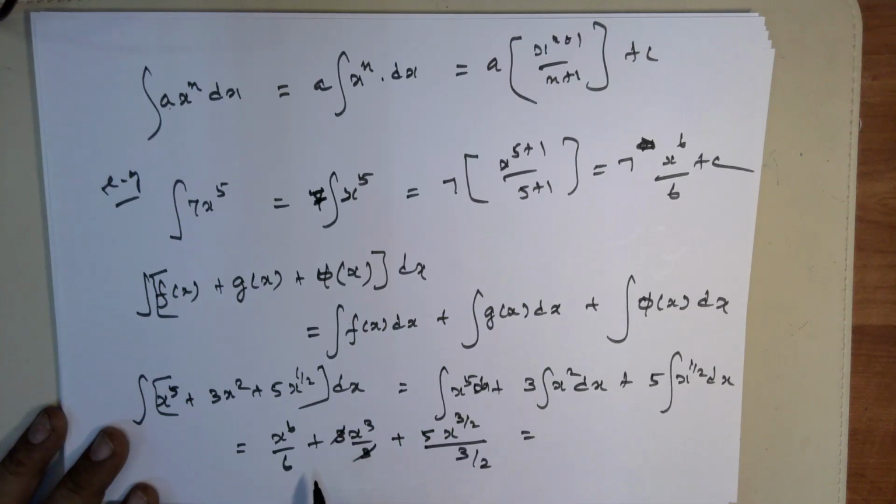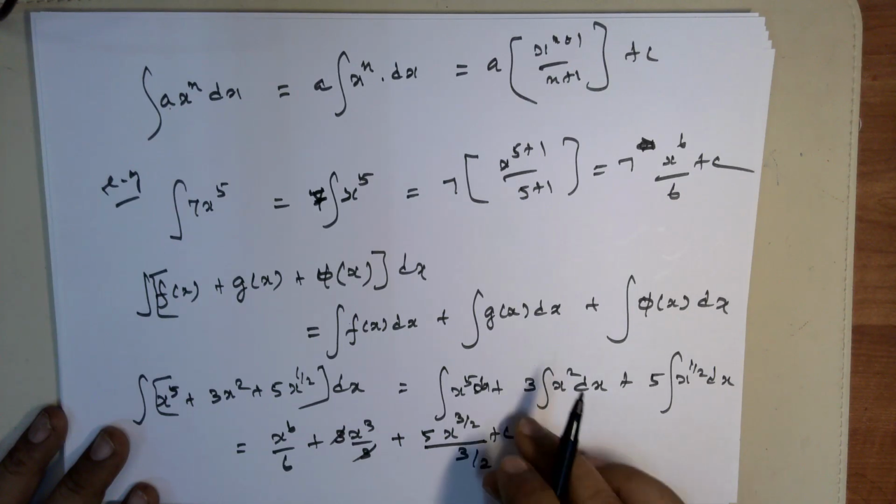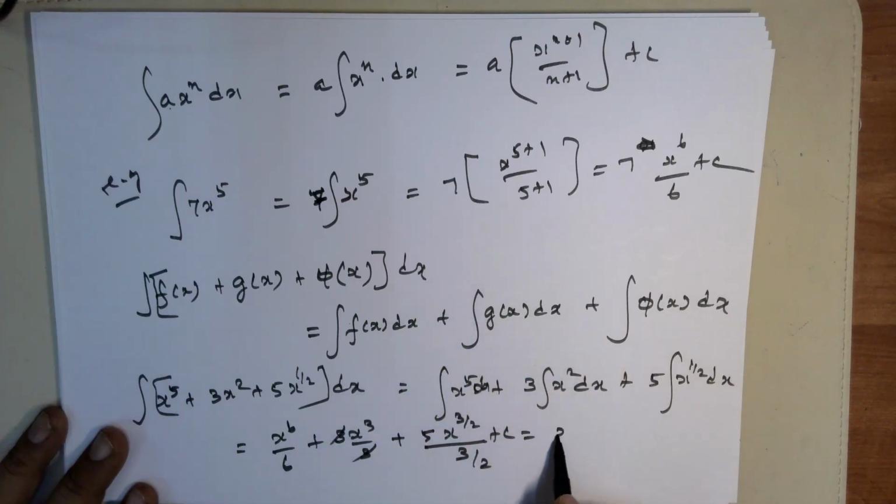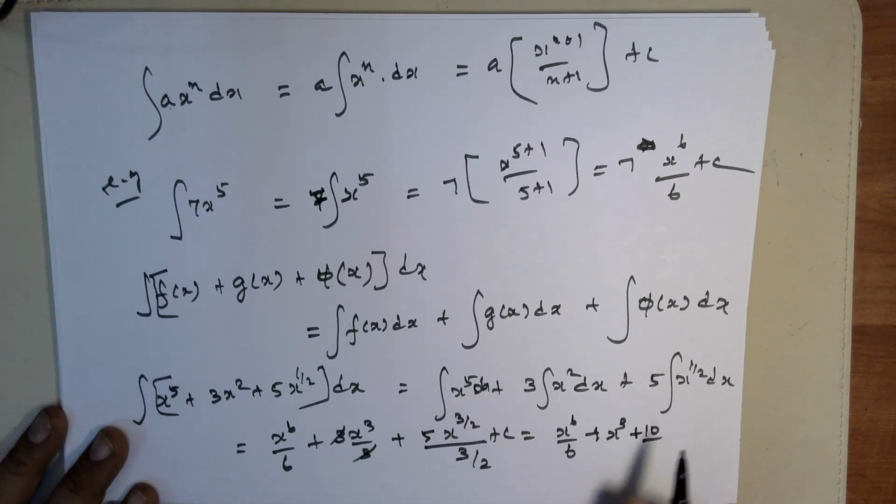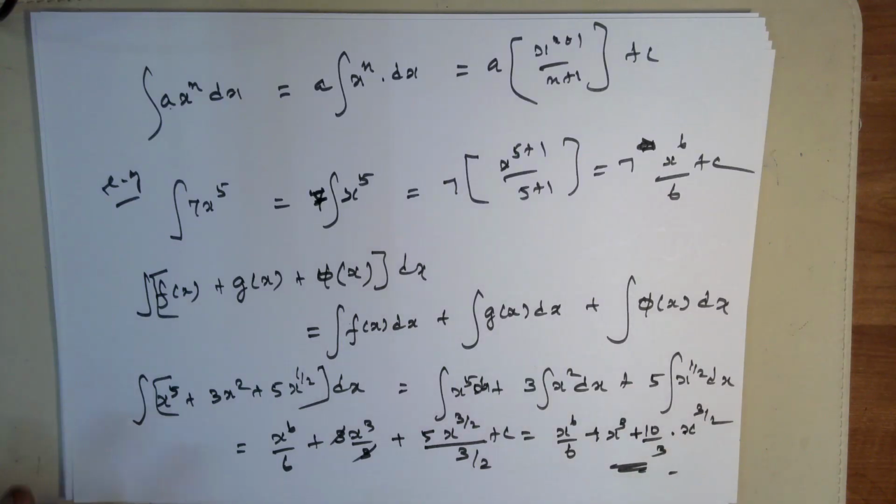So you can put simply one integral constant. So x power 6 by 6 plus x cube plus 10 by 3, you can reciprocate it, of x power 3 by 2. So this is the answer, plus c.